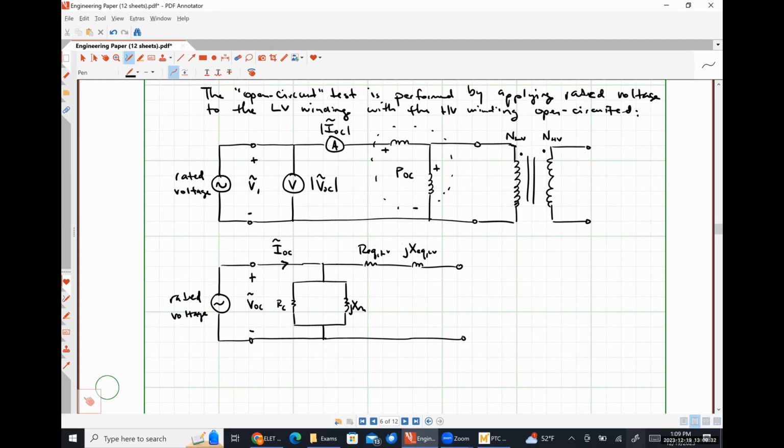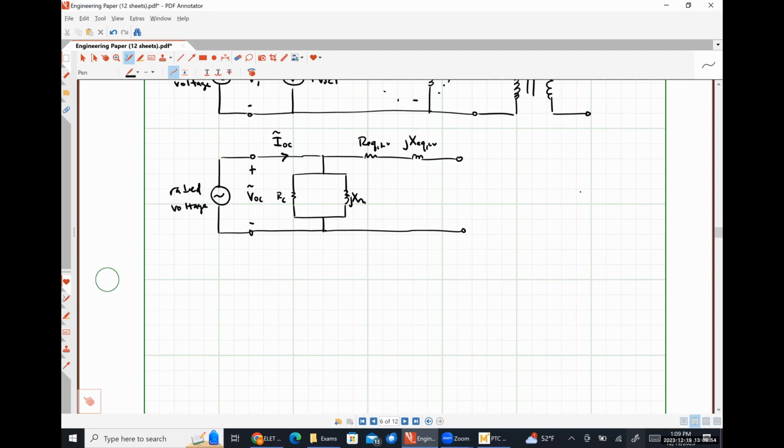So effectively, all of the current that our ammeter is measuring, IOC, is flowing through the shunt branch. None of it flows through the series branch, REQ low voltage plus JXEQ low voltage, because it's open circuited, right?